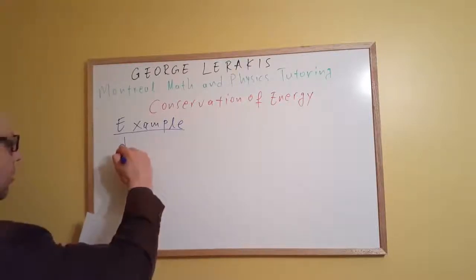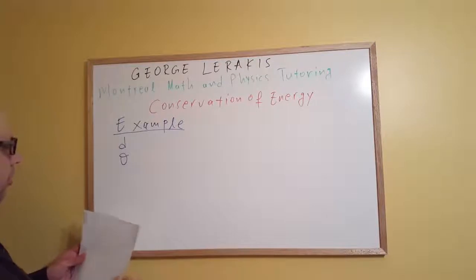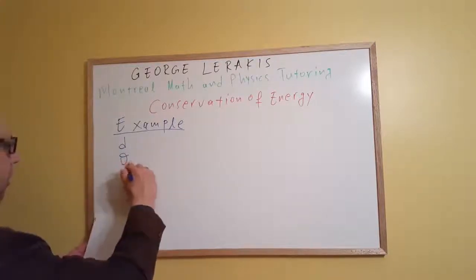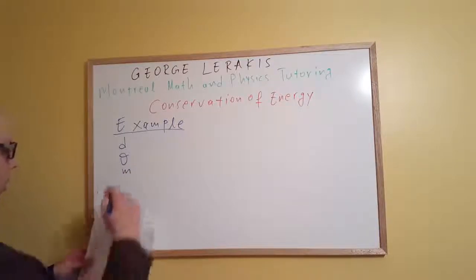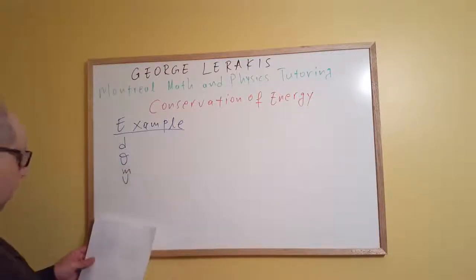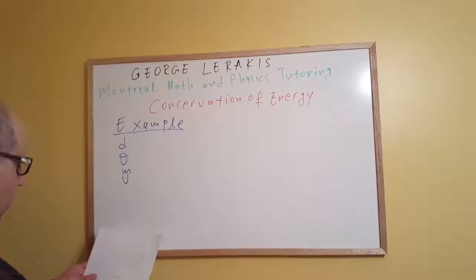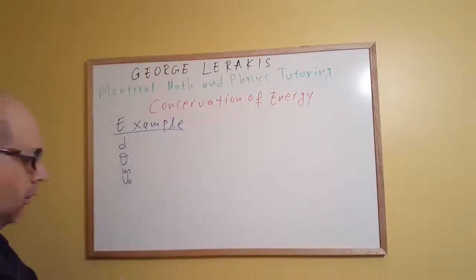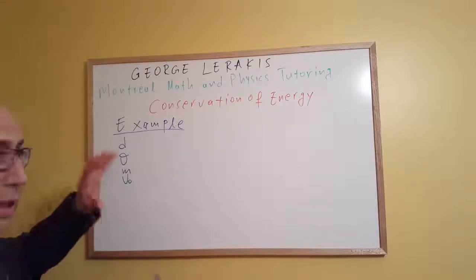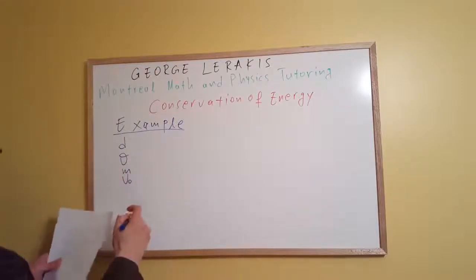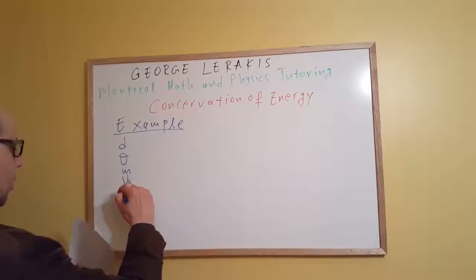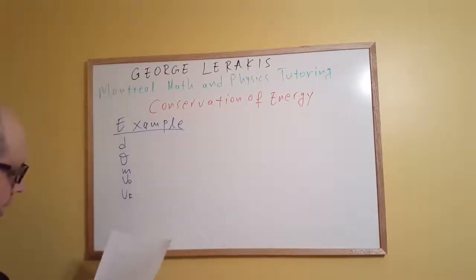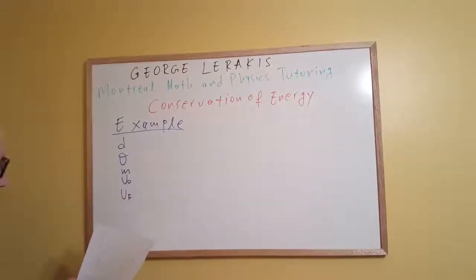The angle with respect to the horizontal of the incline is theta, the mass of the guy is m, the initial velocity of the guy, which is the velocity at the top of the hill, is v0, and the velocity at the end of the incline is v final.